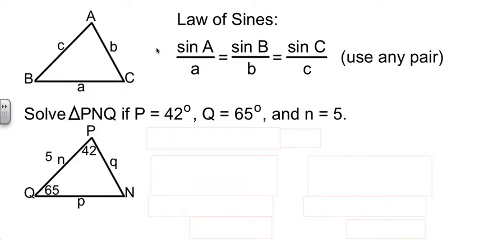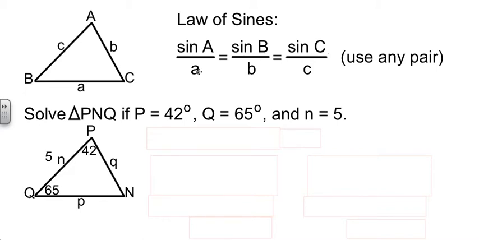The law of sines says if we name things so that the side across from angle A is called little a, the side across from angle B is little b, and across from angle C is little c, then the relationship between the sine of the angle and the side across from it is a nice constant ratio.